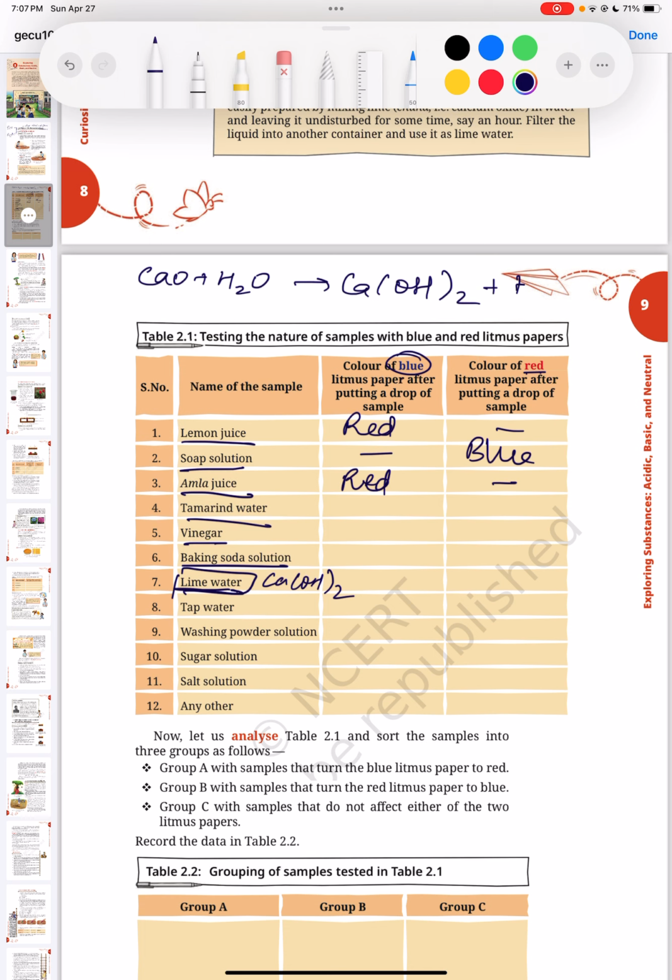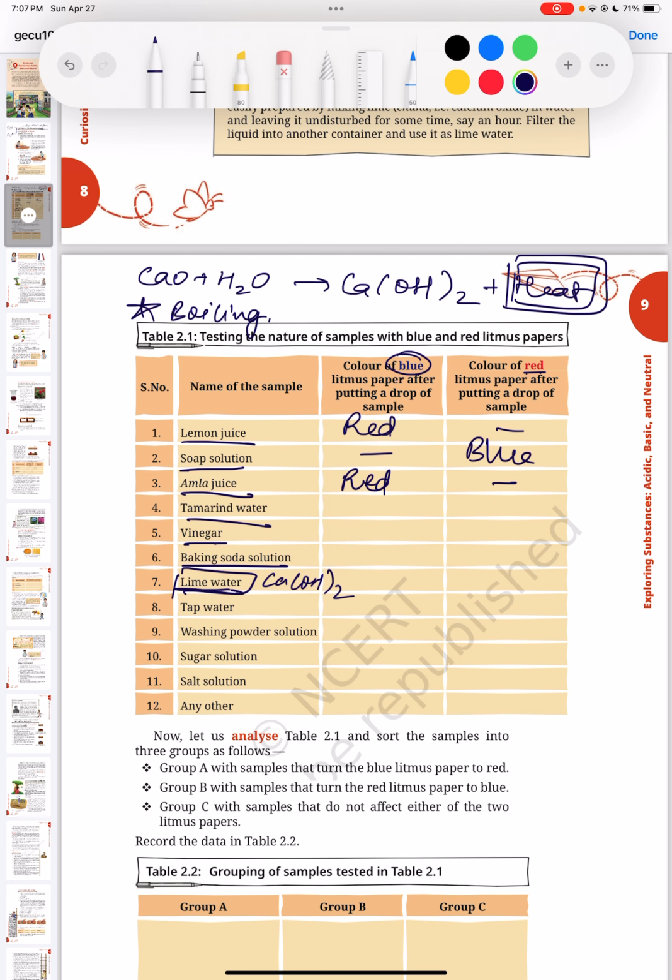A huge amount of heat is generated, highly exothermic, so much so that the water starts boiling. That's why when you do this, you should keep the solution undisturbed to let the water boil off and cool down later.